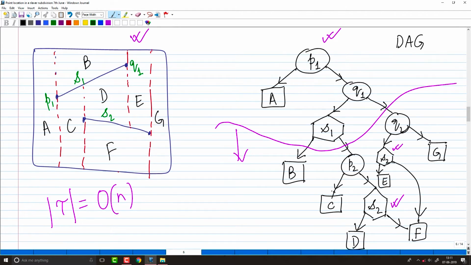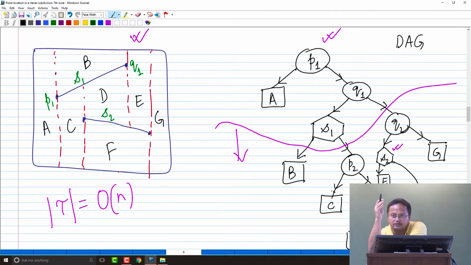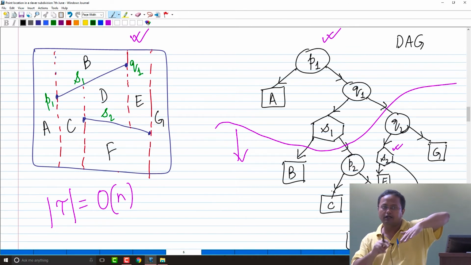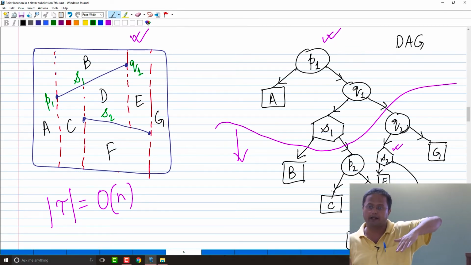If it was created at an earlier instance, it is not going to change, whatever length it had fallen till tau I minus 1.